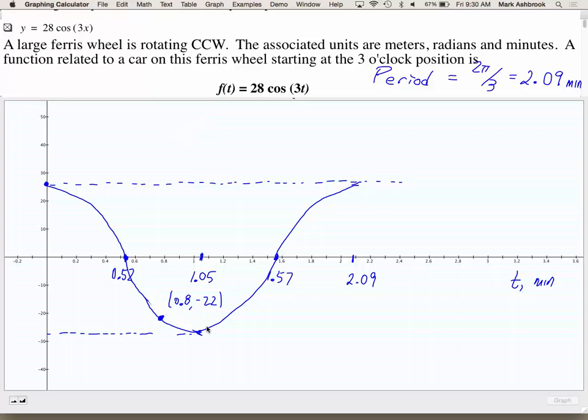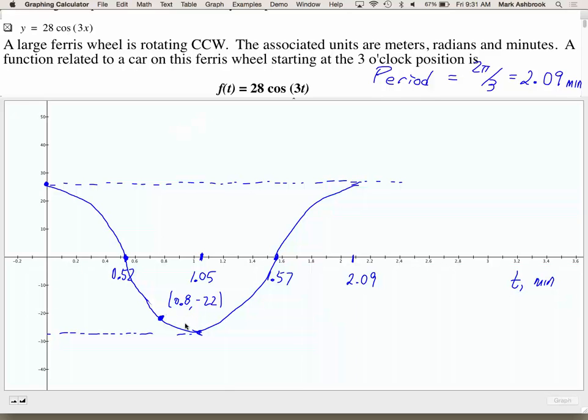All right. So we got some volunteers here. Elijah. 0.8 seconds is negative 22 meters to the left of the vertical. Almost, one little mistake. This is a Ferris wheel, not a roller coaster, right?